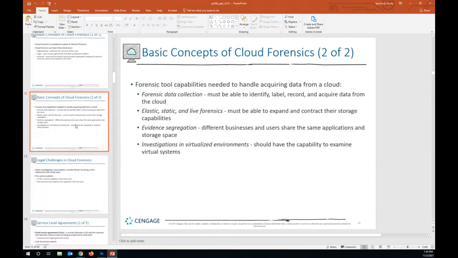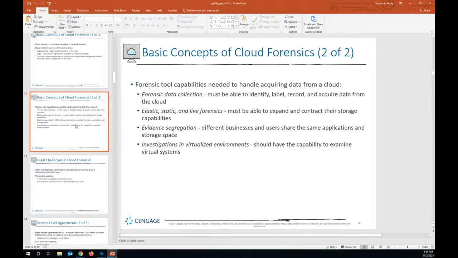Now, there are some capabilities forensic tools should have that are needed to handle or acquire data from the cloud. For example, forensic data collection. Those tools must be able to identify, label, record, and acquire data from the cloud. Elastic, static, and live forensics.